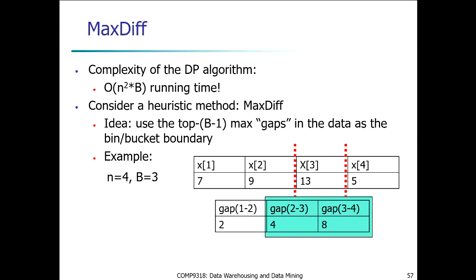The main reason is because the algorithm only involves one scan of the data set, right? And calculating the n-1 gaps, and then finding the top b-1 values. And this can be done in a naive way by sorting, right? If you sort n-1 values in decreasing order, then you only need to take the top elements.